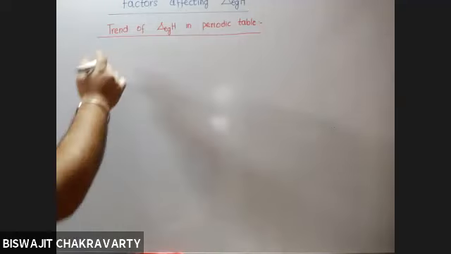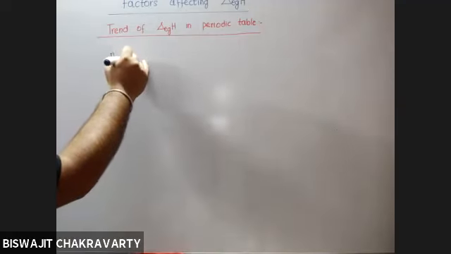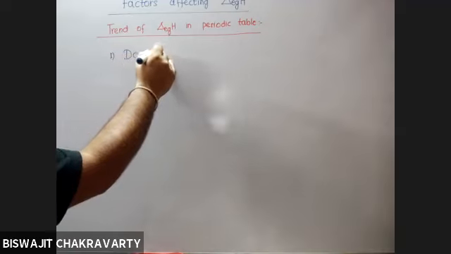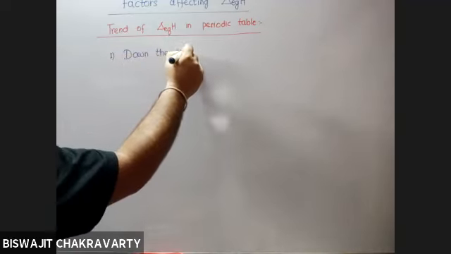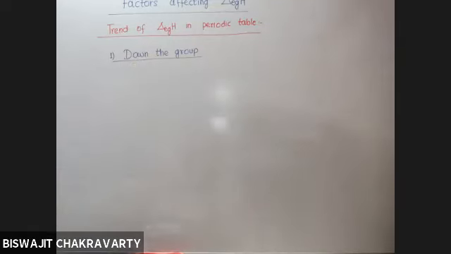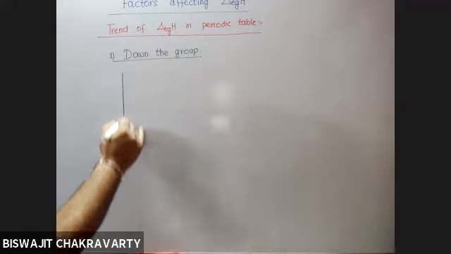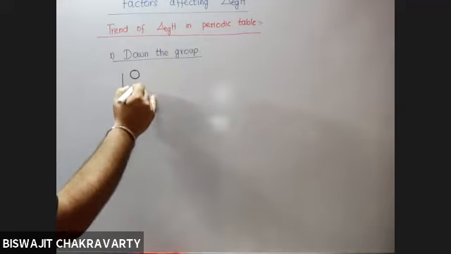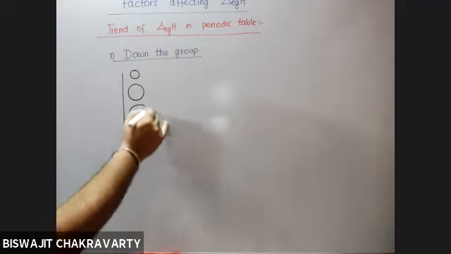To start with, we'll first talk about what happens as we go down the group. Atomic size is one of the major factors influencing the delta EGH process. So obviously we know that as we are moving down the group, atomic size is gradually increasing.